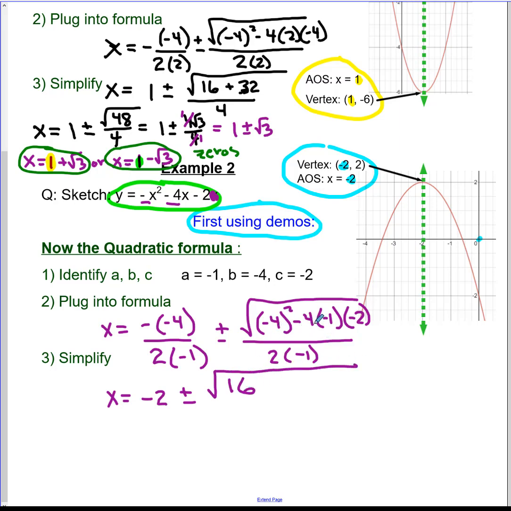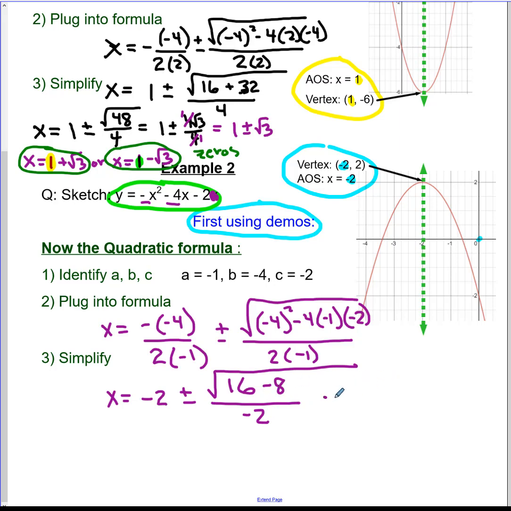And this is negative 4 times negative 1 times negative 2. So negative, negative, negative means negative, because negative times negative is positive, and positive times negative is negative. And it's 4 times 1, which is 4, times 2, which is 8. So this is minus 8. All divided by 2 times negative 1, which is negative 2.